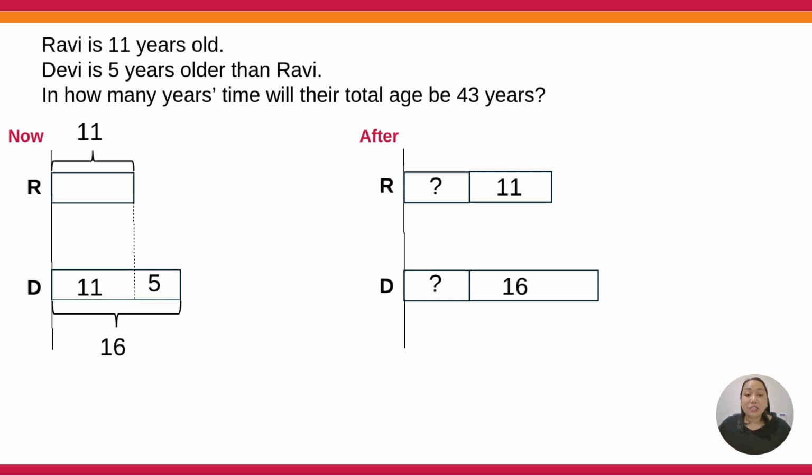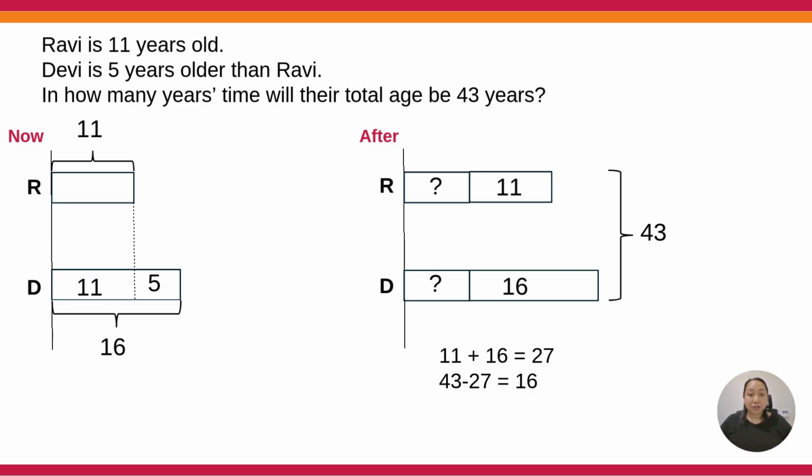Now, these bars represent their ages after blank number of years. Their total age will be 43 years after blank number of years, so we are going to draw a bracket on the side which covers both Ravi and Devi's after bar, and then we will label that 43.